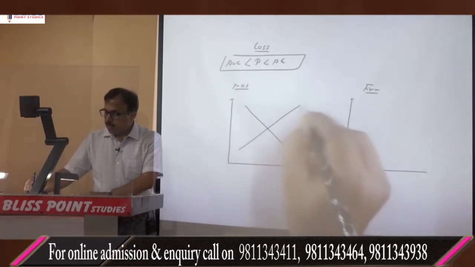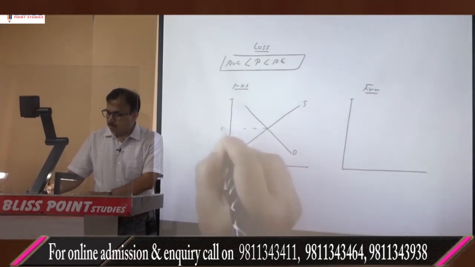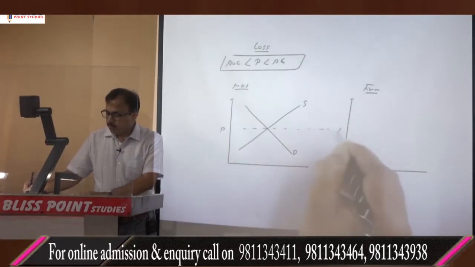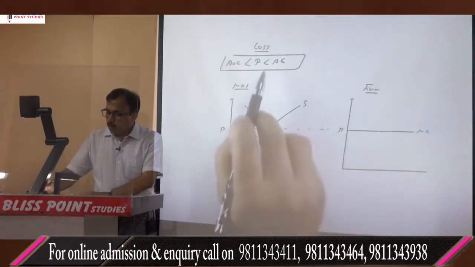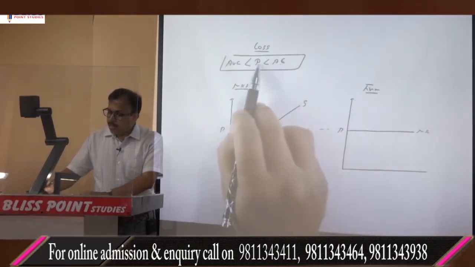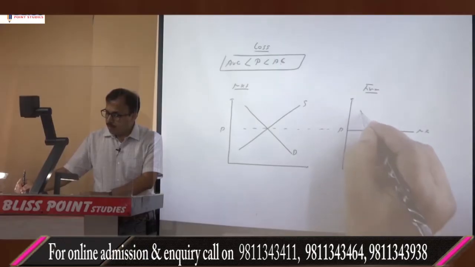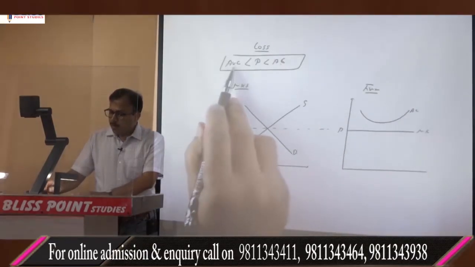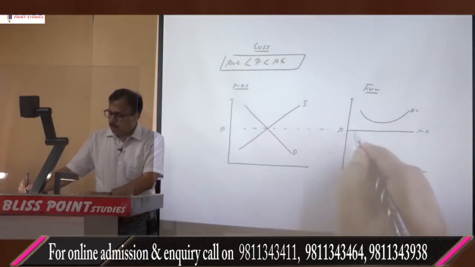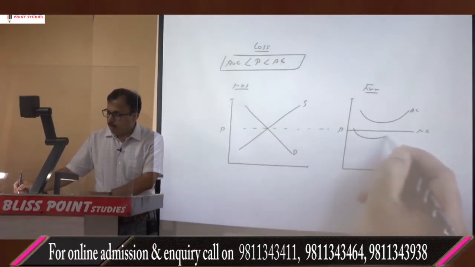Demand supply intersection is determining the price. Your average cost must be greater than price. So average cost is above. Average variable cost must be lower than price. So lower than price. And the gap will be declining.